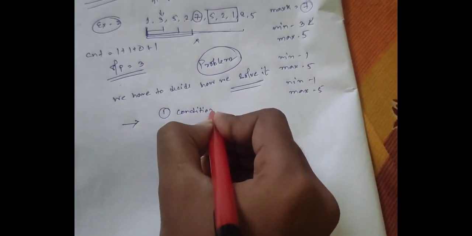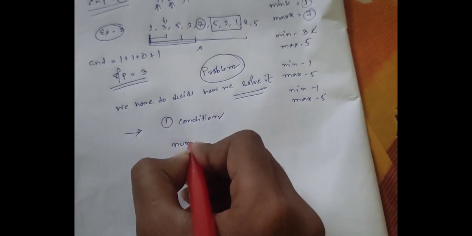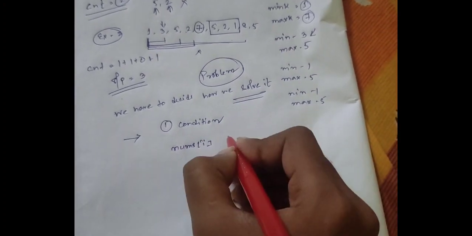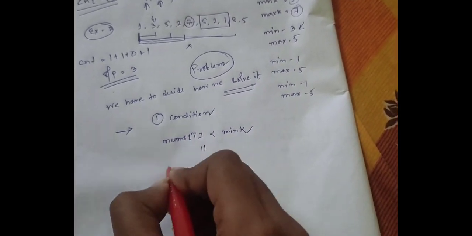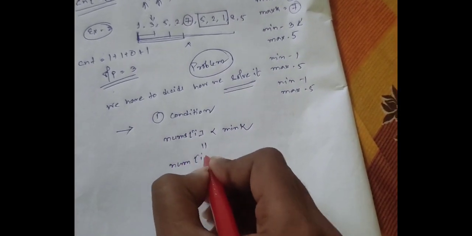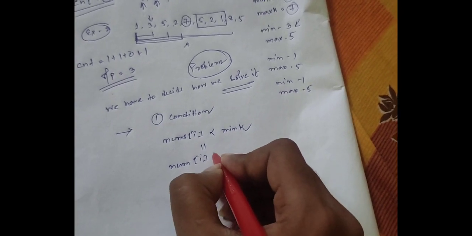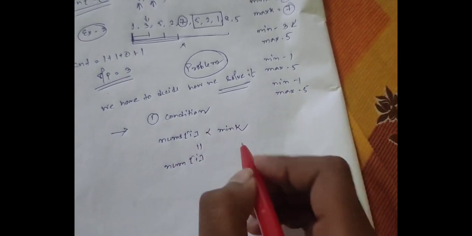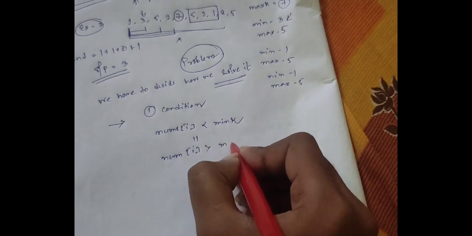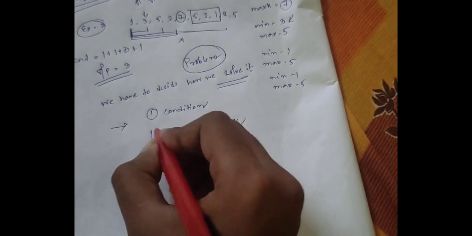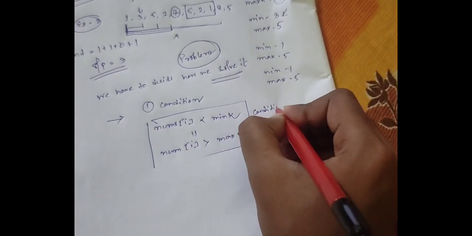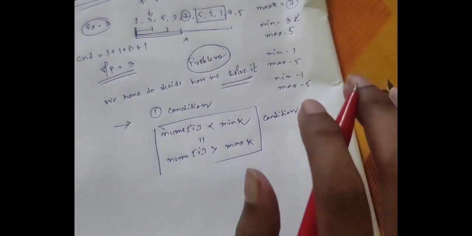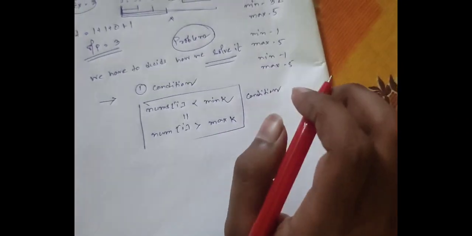What is the condition? The condition is nums of i is less than minK, or nums of i is greater than maxK. So this must be the condition. If this condition matches, then that element is bad.